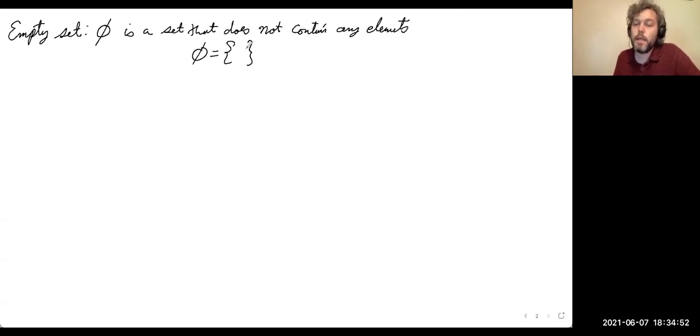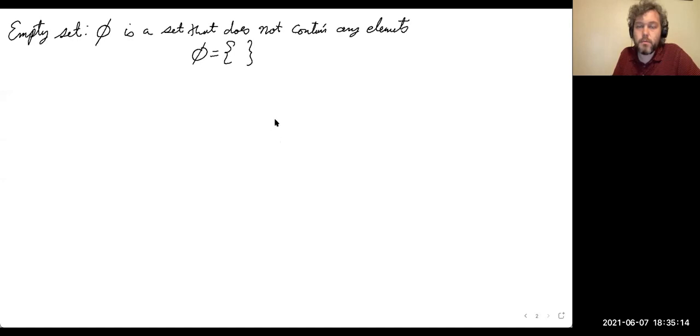And the point that I want to make is that before we had the set A, which was 0, 1, 2, the set A contained the number 0. The empty set does not contain the number 0. It has 0 elements, but 0 is not inside the empty set.